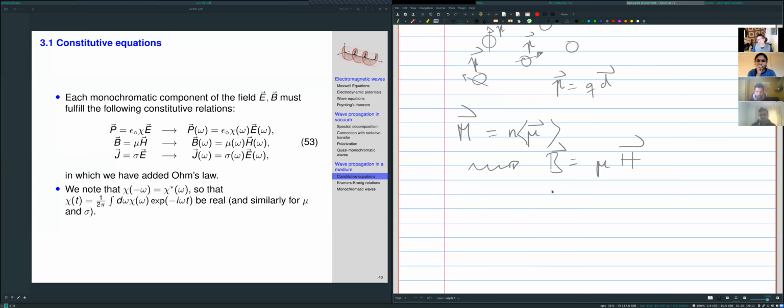But what I'm trying to say is that B is the total B field, including the magnetization, so the microscopic dipoles, and H would be the magnetic field caused by the currents only.